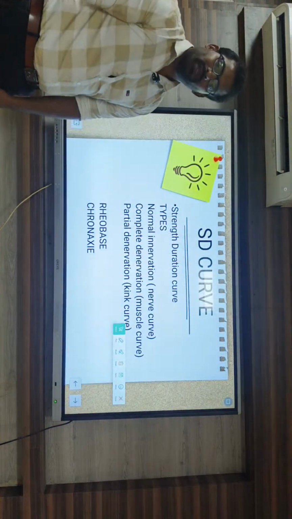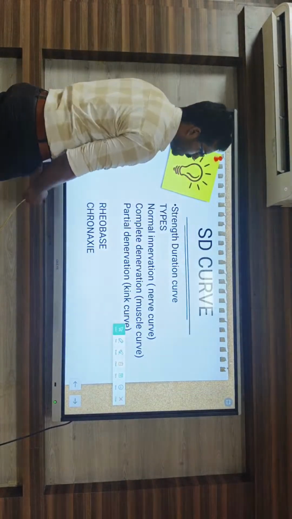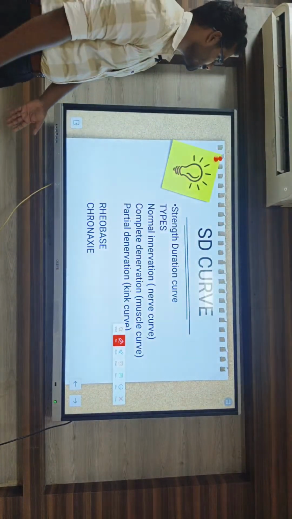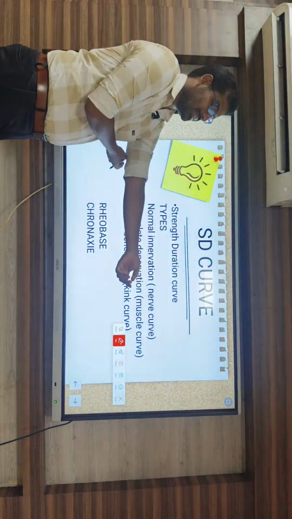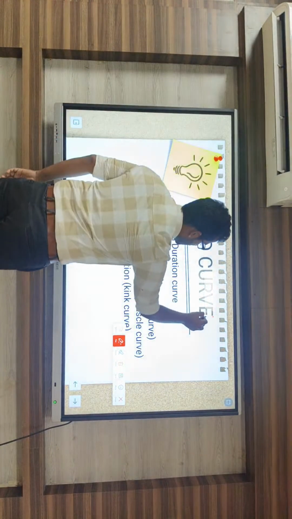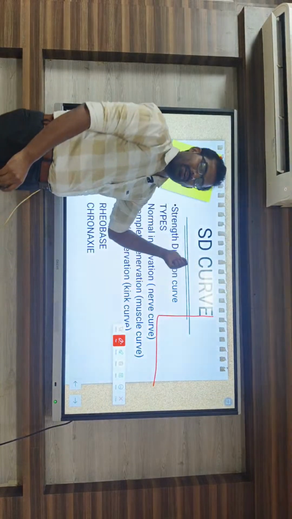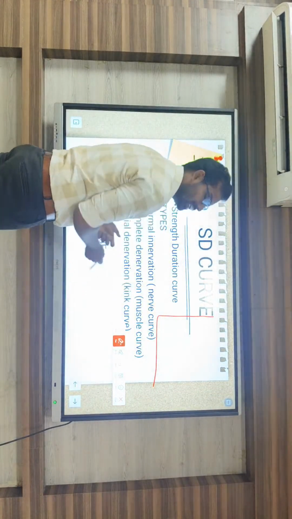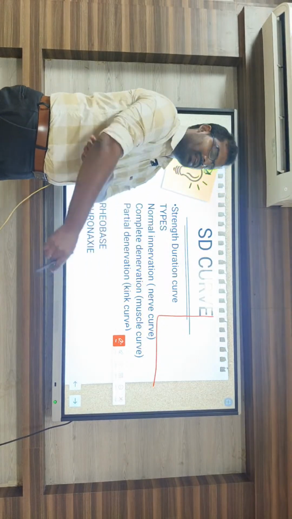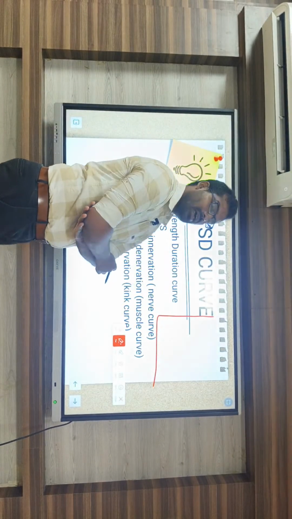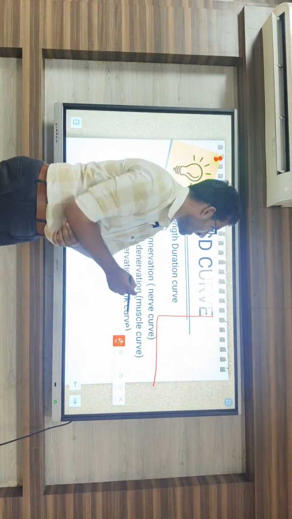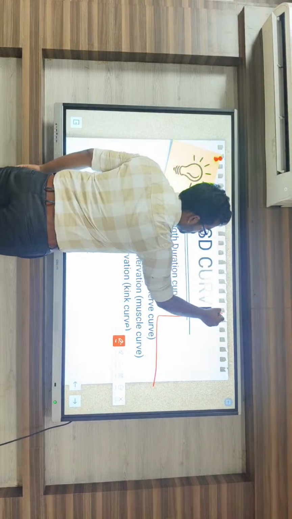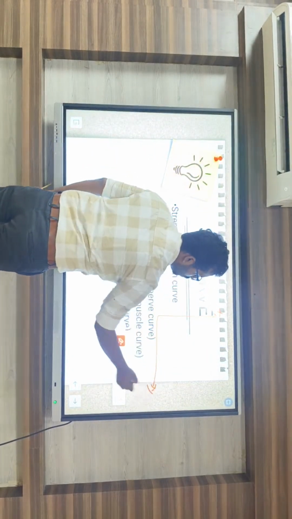So coming to the SD curve. SD curve resembles strength duration curve. So what is meant by strength duration curve? It is a graphical representation of the correlation between the intensity of the electrical current and the time it takes to get minimal muscle contractions. Basically this is the x-axis, this is the y-axis.